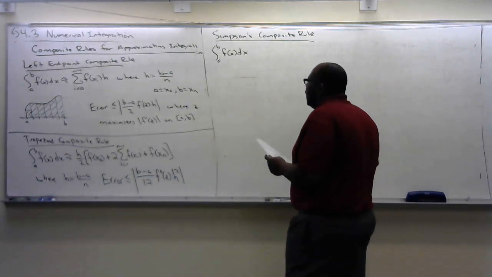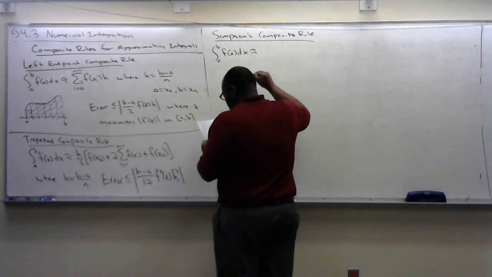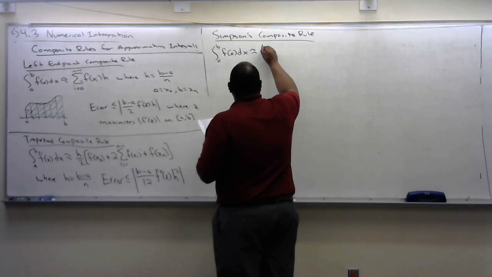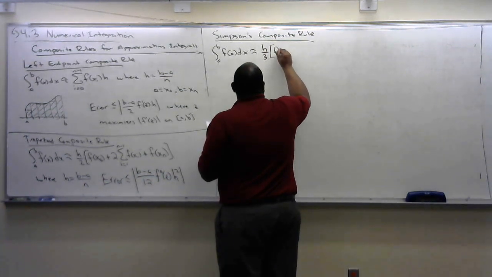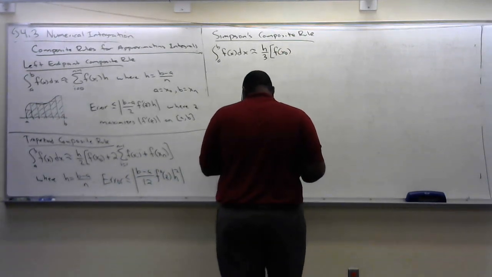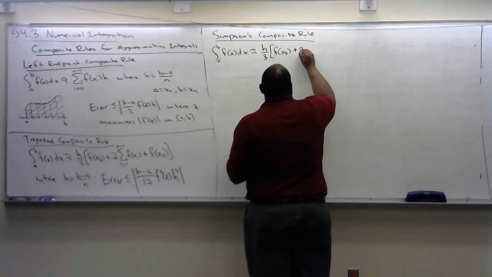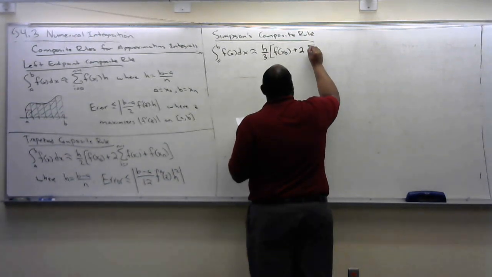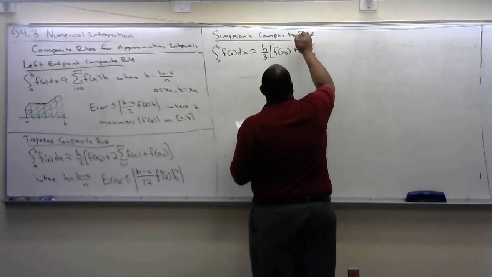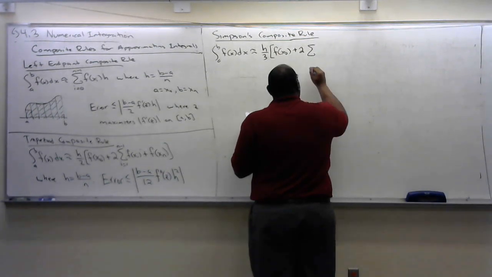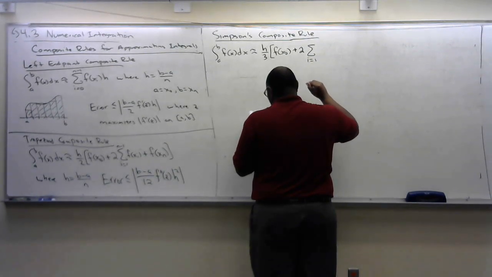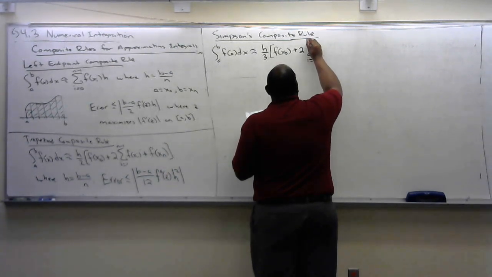This is approximately equal to h divided by 3 times f of x0 plus 2 times the sum from i equals 1 to n divided by 2 minus 1.